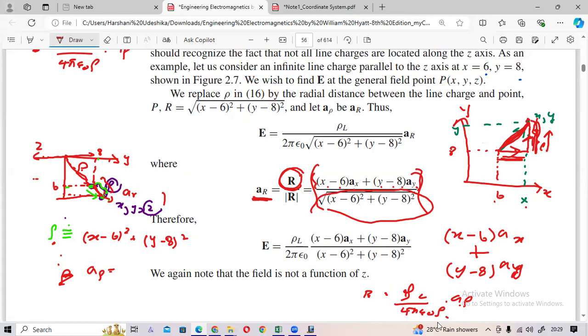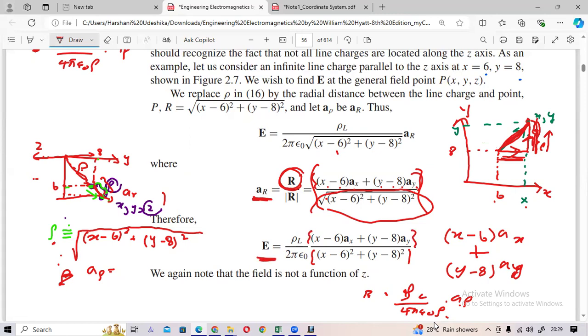There is also a square root. Once that square root is multiplied by this square root, the square root will be cancelled and you will get this one, and the upper part will have this one. So that is the E.